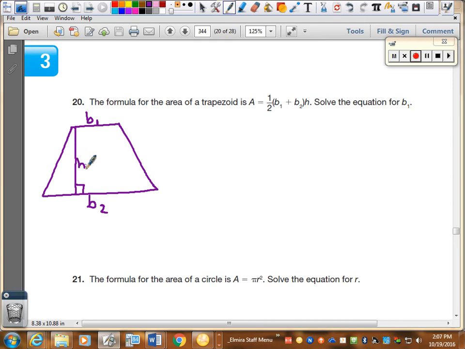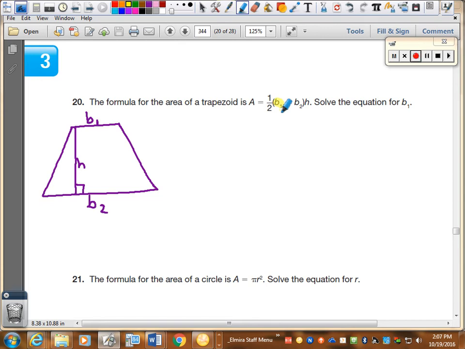All right, and they're asking you to solve for b1. Now you've seen me highlight what we're solving for. That's a good little strategy. Since these are literal equations, the letters that are in them are not random. They stand for the things they are.